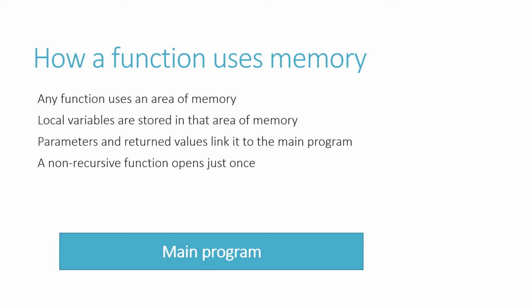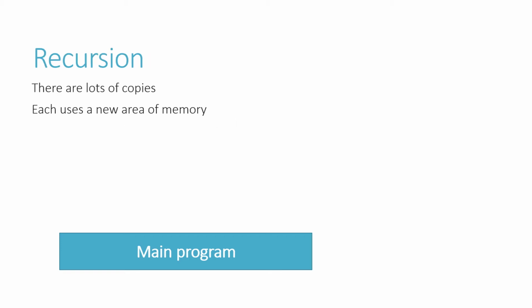In an iterative function, every time round the loop, it overwrites exactly the same variables, and therefore it doesn't use a huge amount of memory. Now, in recursion, each copy of the function opens a new copy, creating a new area of memory.